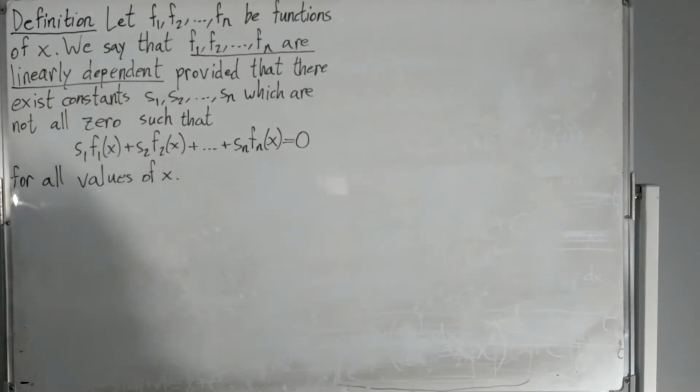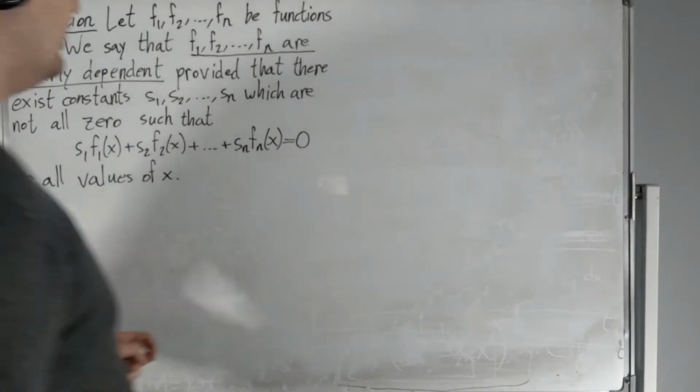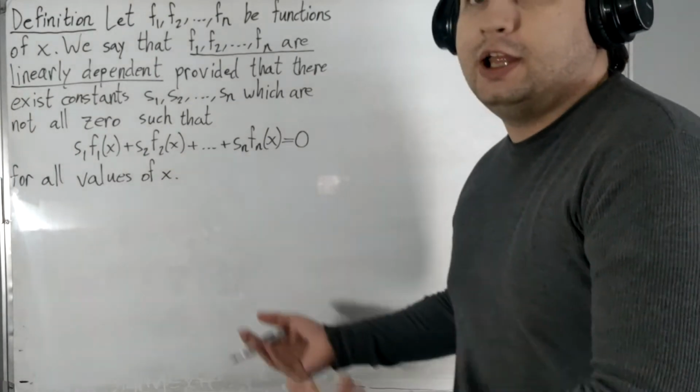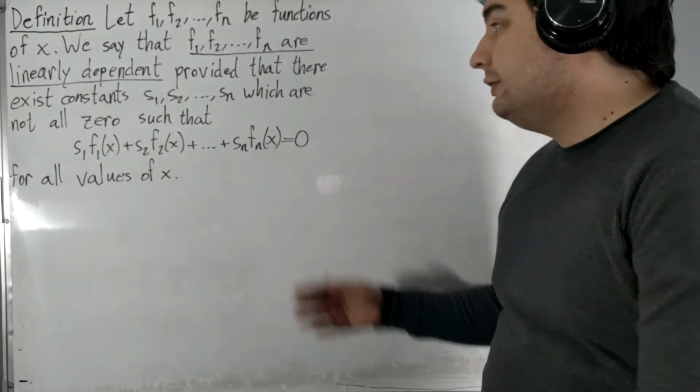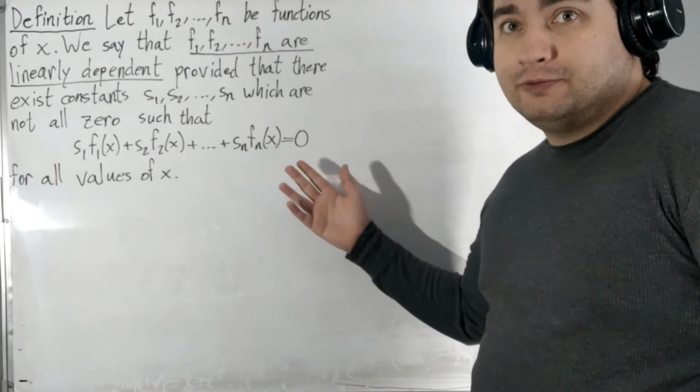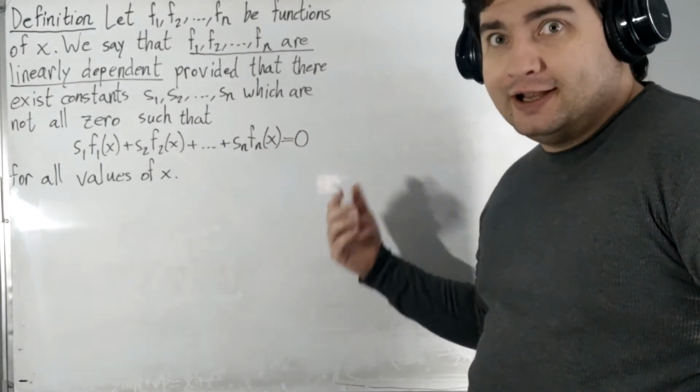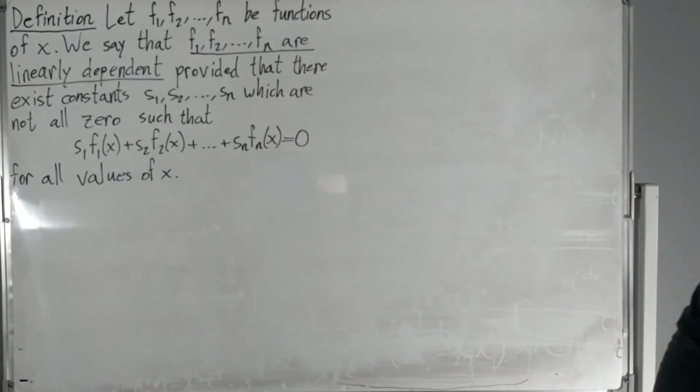And of course, if a bunch of functions are not linearly dependent, then we say that they are linearly independent, in which case you have only the trivial solution for S1, S2 up through Sn. Okay?